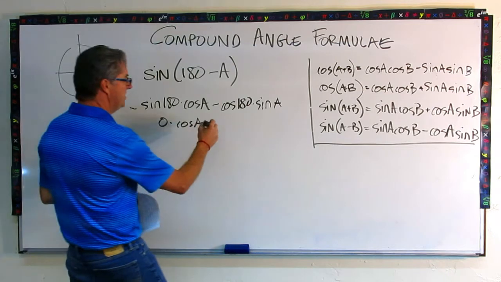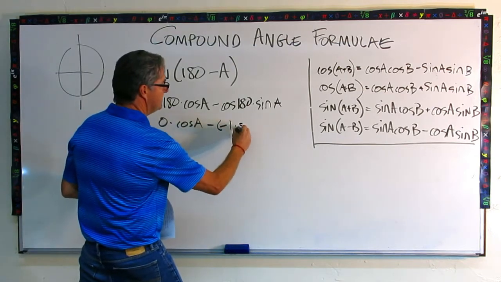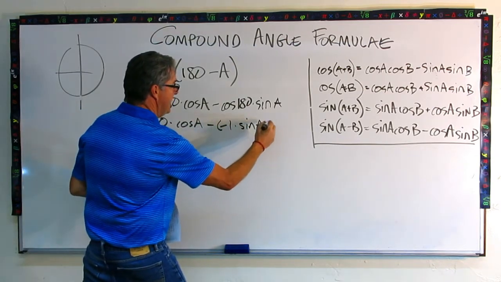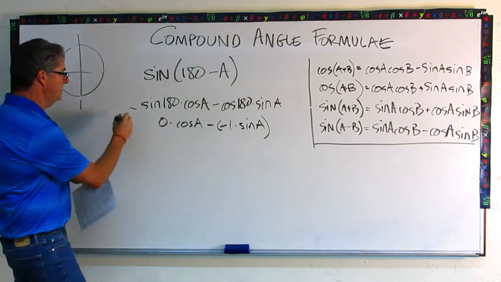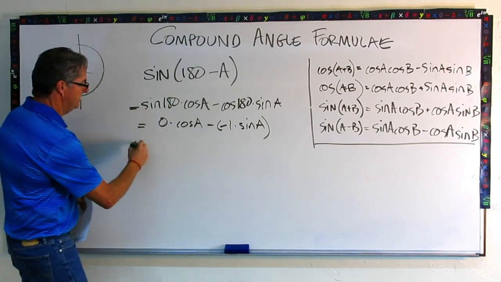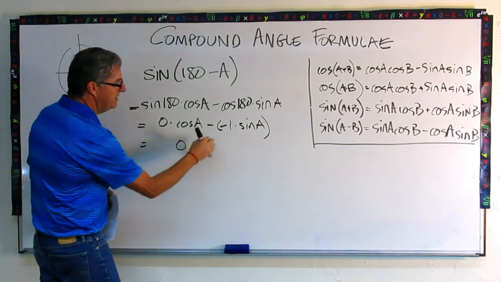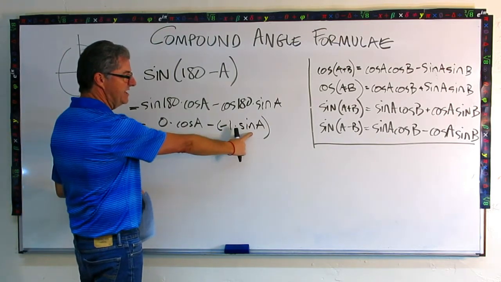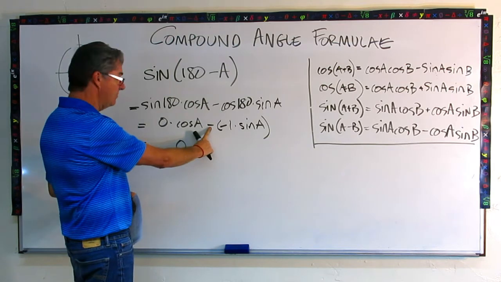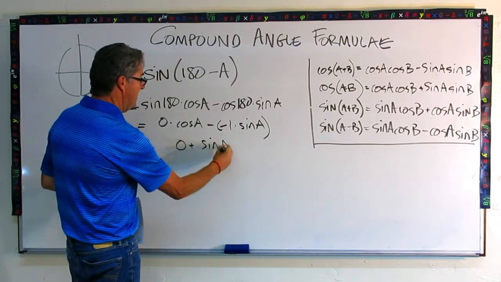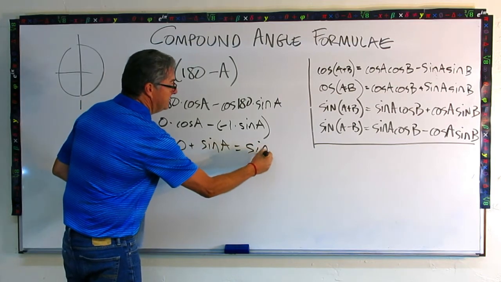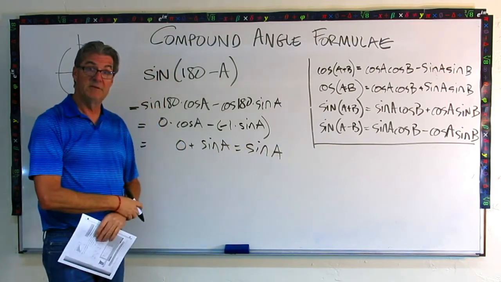So this becomes -1 times sine A. Okay? Now this goes to 0. That's equals, this goes to 0. Now -1 times sine A is negative sine A. Change the sign one more time. So that's 0 plus sine A, which is just sine A.